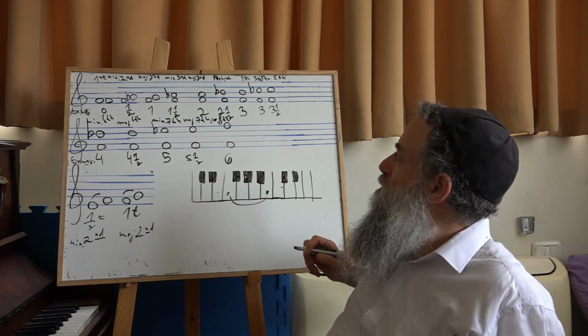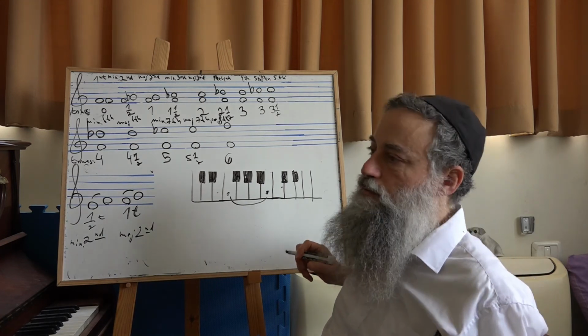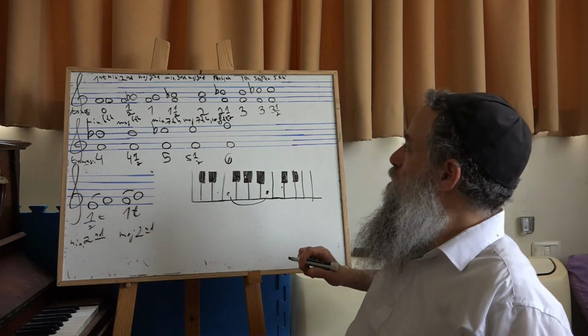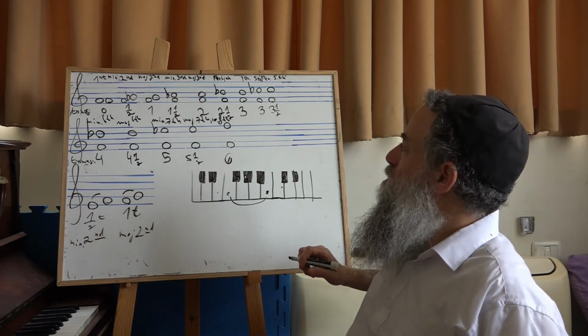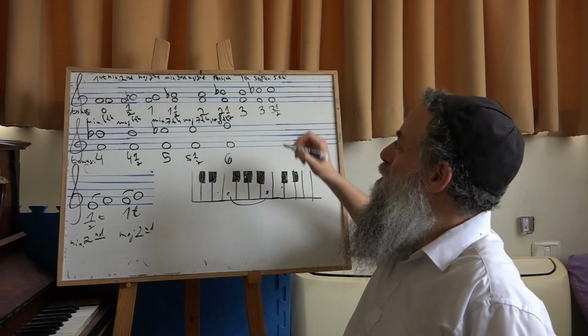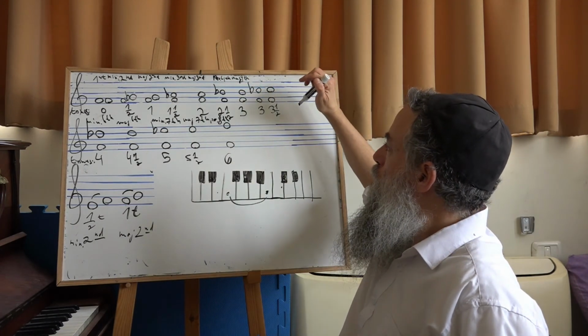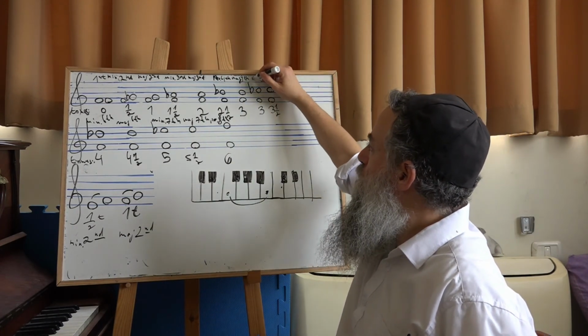So we can't call it a major fourth nor a minor fifth. So we call it a supernatural fourth. We call it an augmented fourth or a diminished fifth.